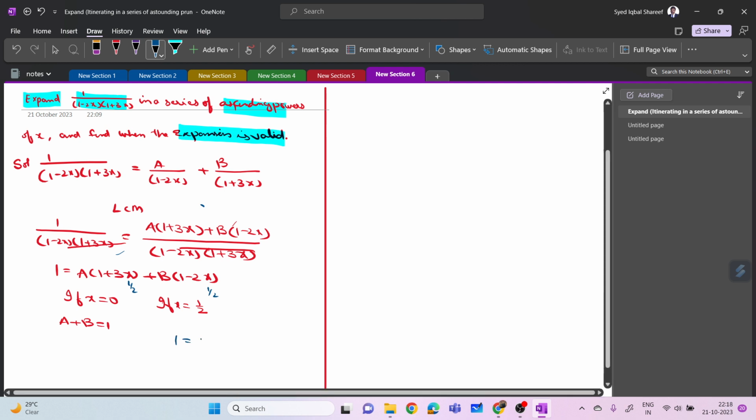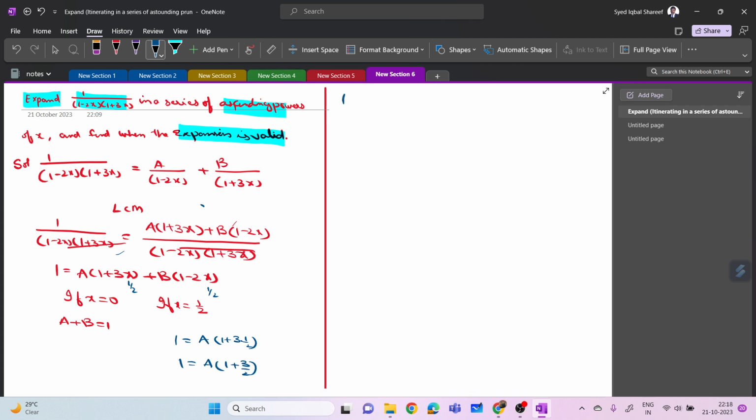We are left with 1 equal to a times (1 plus 3 times 1 by 2), which is a times (1 plus 3 by 2). Taking the LCM, 2 plus 3 is 5 by 2. If you cross multiply, a equals 2 by 5.